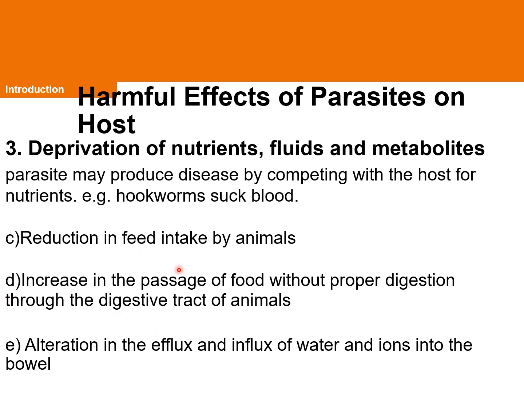Another example is the increase in the passage of food without proper digestion through the digestive tract of animals. We already talked about this on the previous lecture slide. And also the alteration of the efflux and the influx of water and ions into the bowel. All these, the alteration, the improper digestion, the reduction in feed, all lead to the deprivation of nutrients, fluids, and also metabolites.